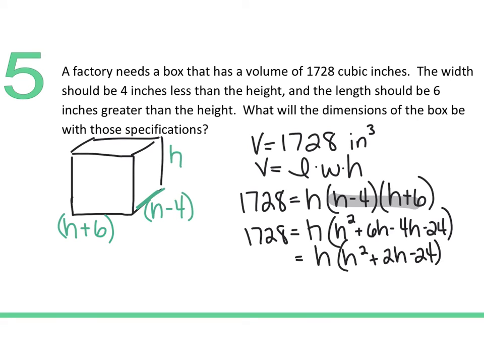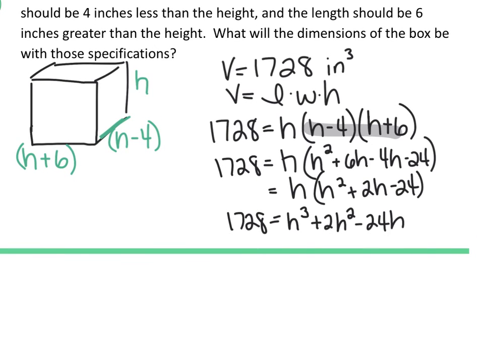And now I'm just going to distribute this h. Gives me h cubed plus 2h squared minus 24h. And I'm also going to subtract now the 1728 from both sides. So my function will be 0 equals h cubed plus 2h squared minus 24h minus 1,728. I really should say my equation, not my function, because it's in one variable. So now I need to solve this.